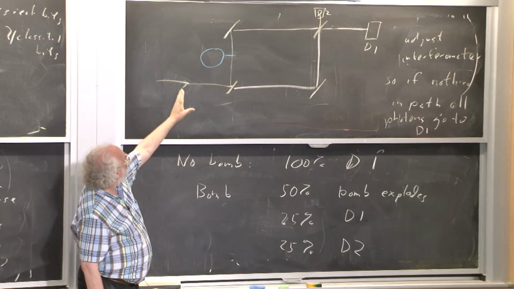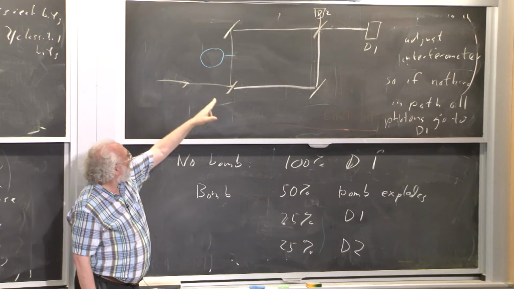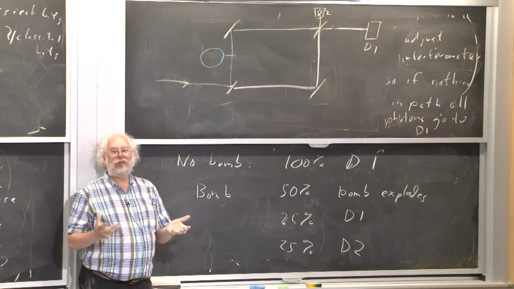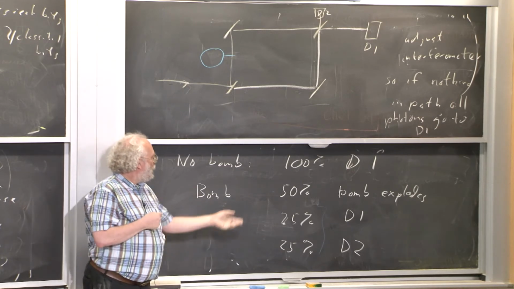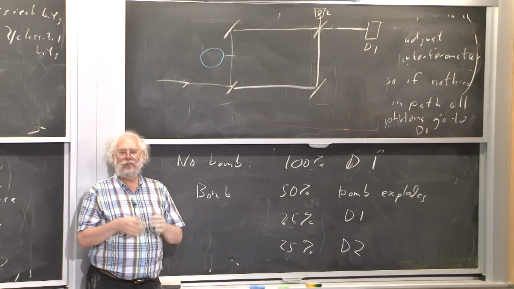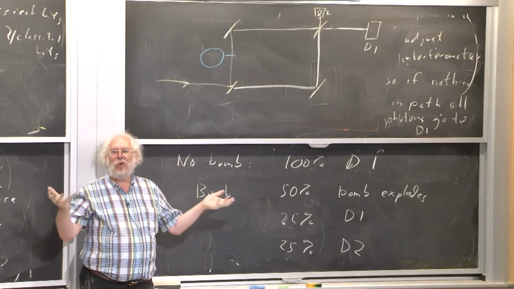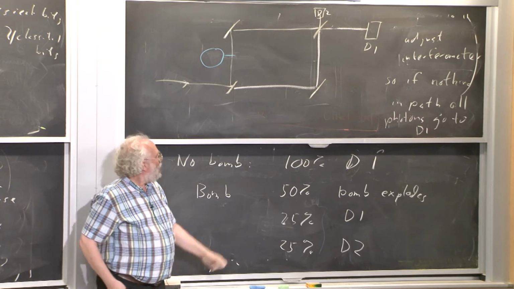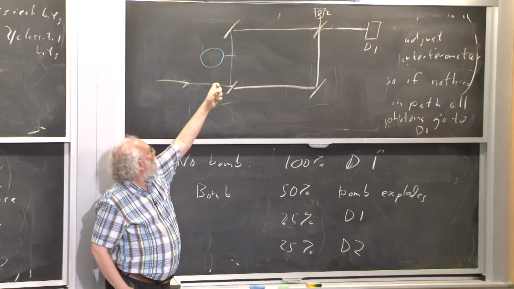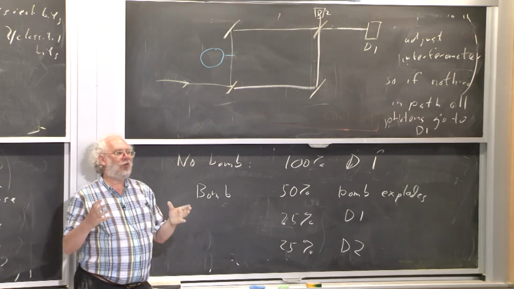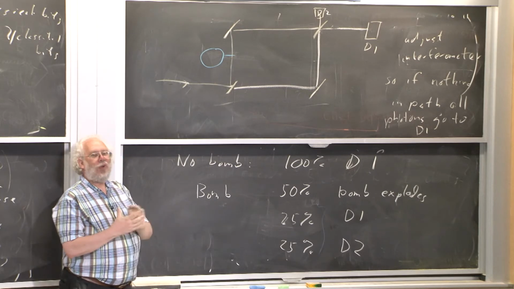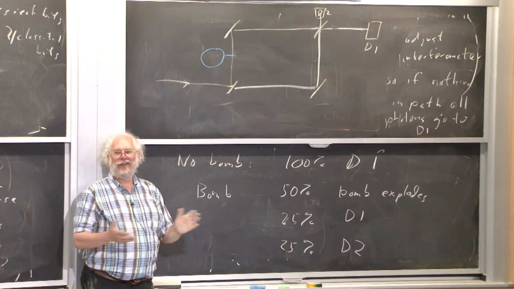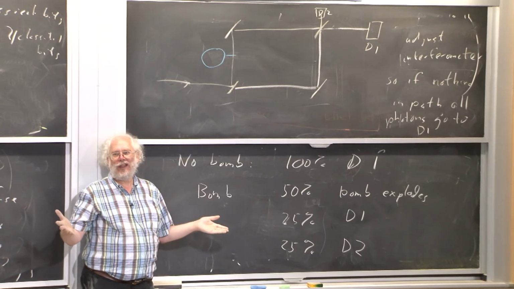If you want, you can set up a much more complicated optical experiment which explodes the bomb not with 50% probability, but with maybe 1% or 0.01% probability, and which almost always detects good bombs. But that's more complicated, and I'm not going to go through it in this class.